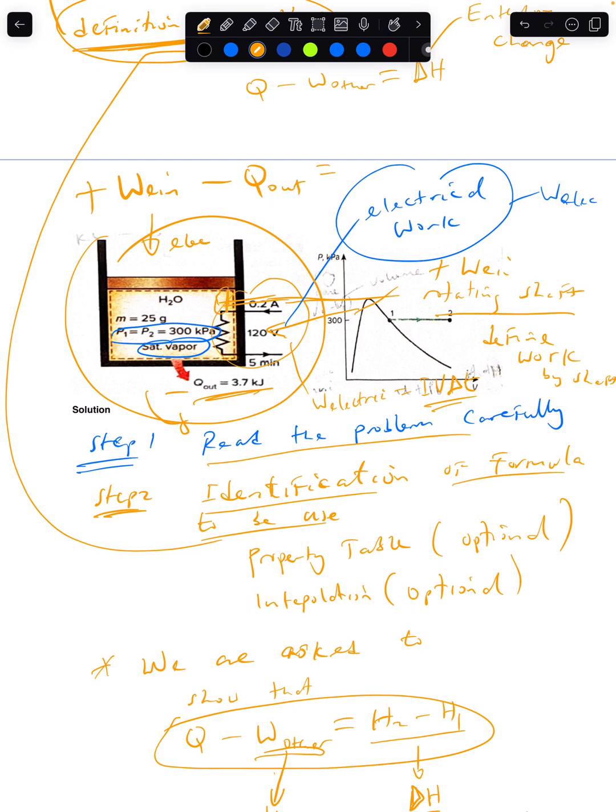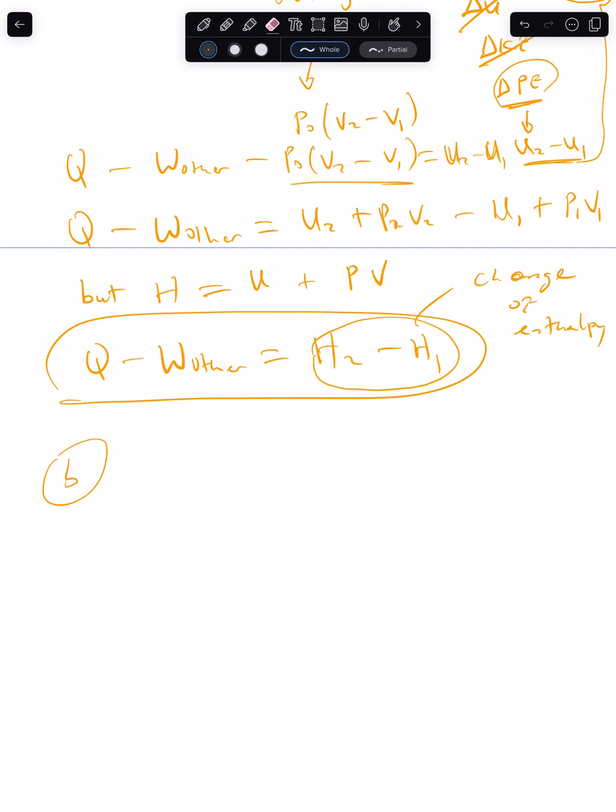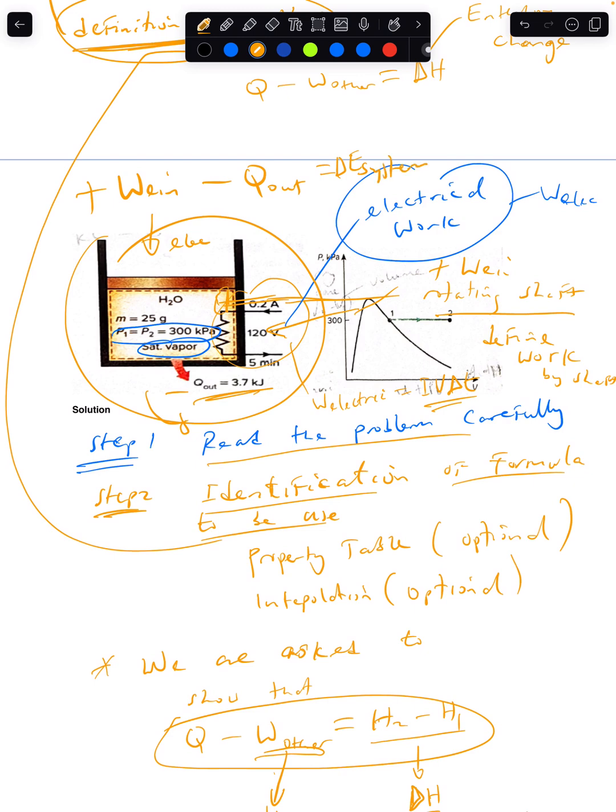It's equal to the change of energy for the system.